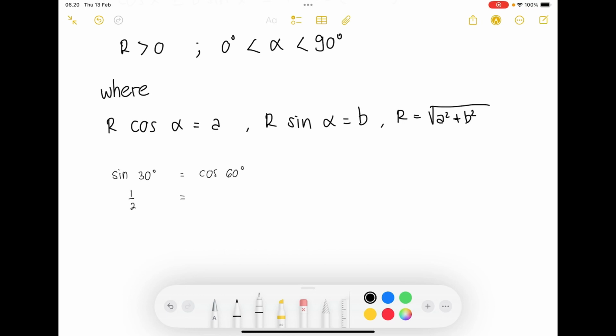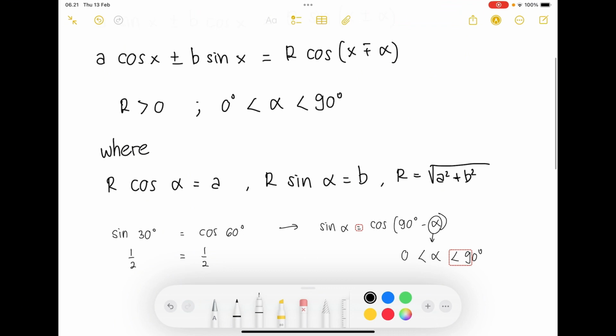If you try with your calculator, the cosine 60 degrees also gives 1 over 2. So we have this equation right here, sine alpha equal to the cosine of 90 degrees minus alpha. The alpha here must be from 0 until 90 degrees. That's where this idea comes from.